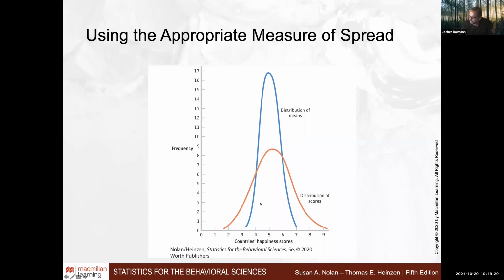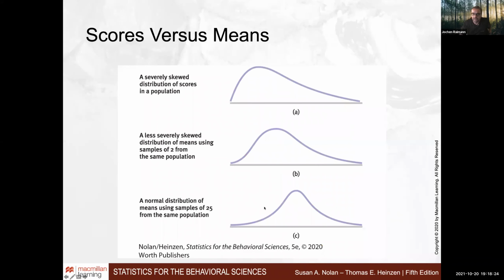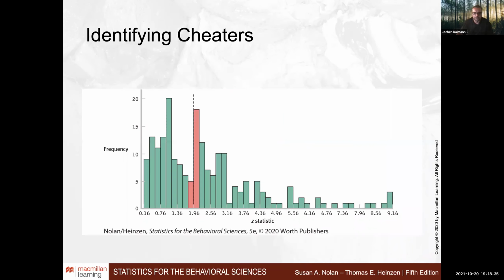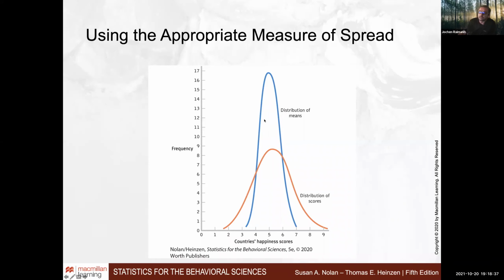So you take the standard deviation of this Rubenesque bell shape here, and you divide that by the square root of n, and you get the distribution of the means. Okay, that's this relationship.